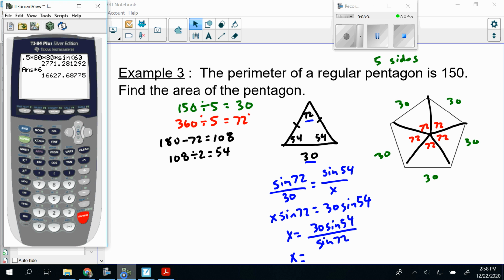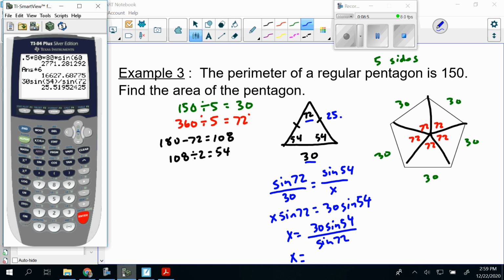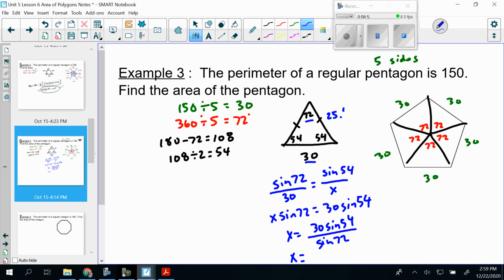You get 30 sine 54, close the parentheses, divided by sine 72. And we see that one of those sides, or both of those sides actually, are about 25.52. So that's what both of these would be.